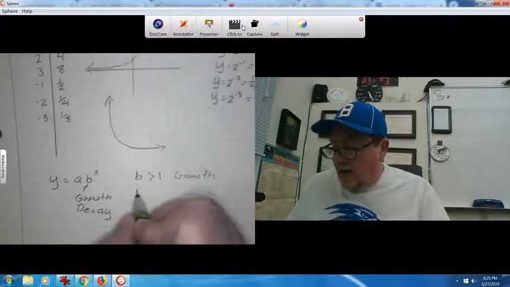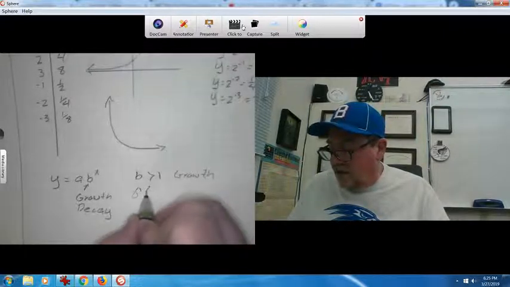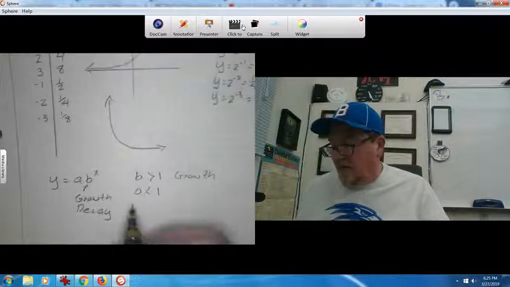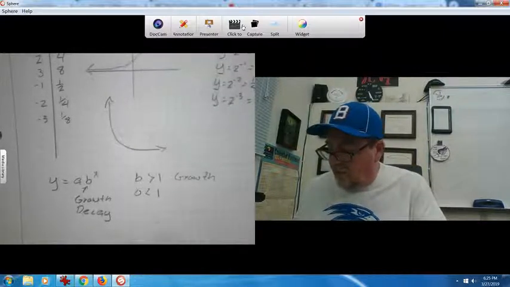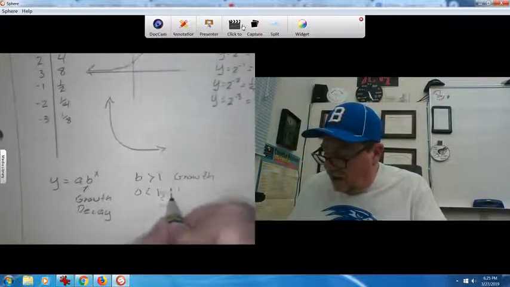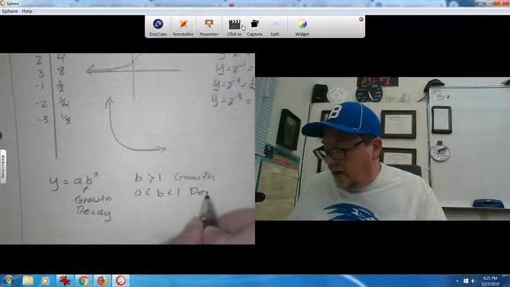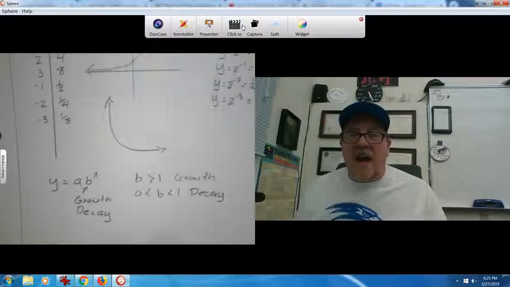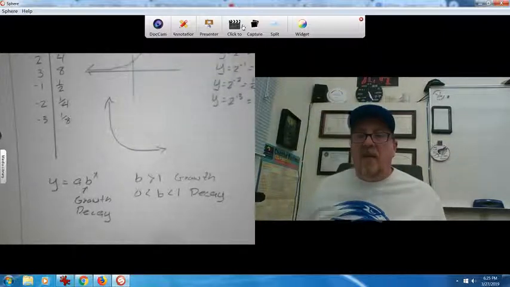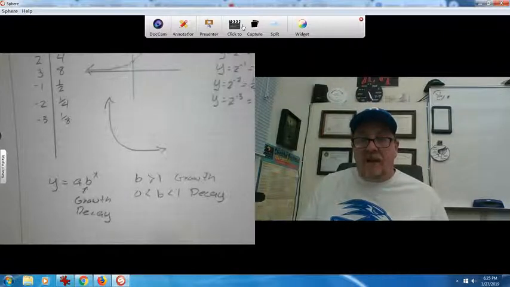If it's a fraction, if it lives between 0 and 1, then it's called decay. So these are numbers like 1/2 or 1/4 or 3/4, some fraction. If b is a fraction, then it's decay. If b is bigger than 1, it's growth, and that's all there is to it. It's as simple as that.